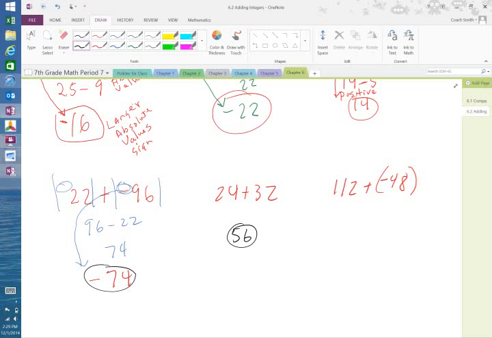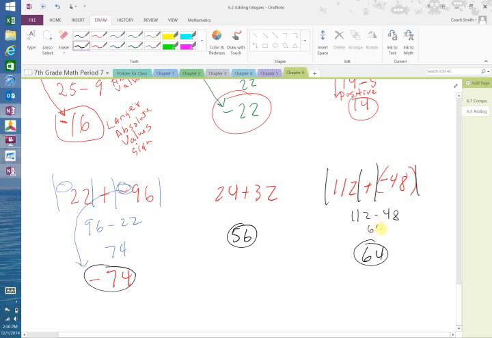Positive 64. That is correct. Same thing here. You take their absolute values and subtract. So 112 minus 48 is 64. The larger absolute value is positive, so we bring that into our answer.